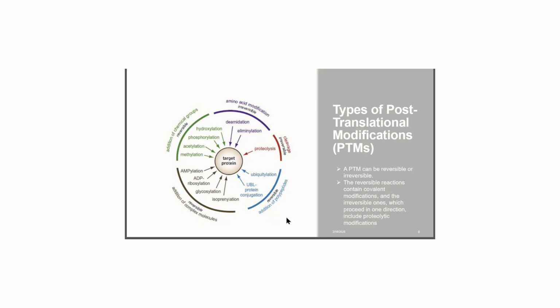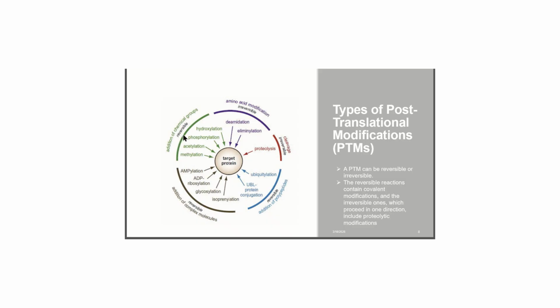For example, addition of polypeptides, like, as I mentioned, ubiquitin, or protein conjugations, or for example, addition of complex molecules like ribosylation, ADP, adenosine diphosphate ribosylation, adding sugar residue like the glycosylation process, isoprenylation. Also, all these types are reversible. It's because these are all covalent bonds that are linked to the polypeptide chain.